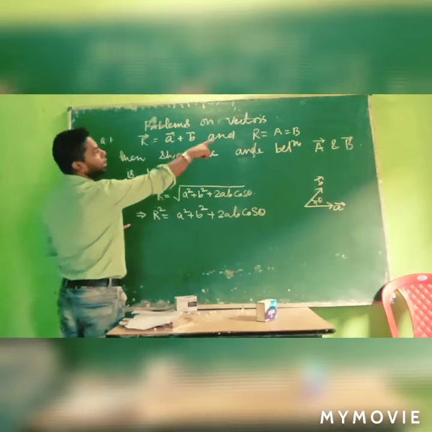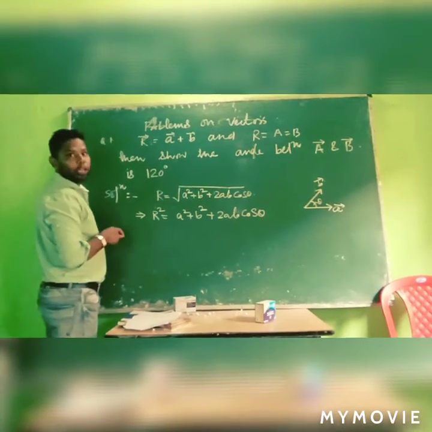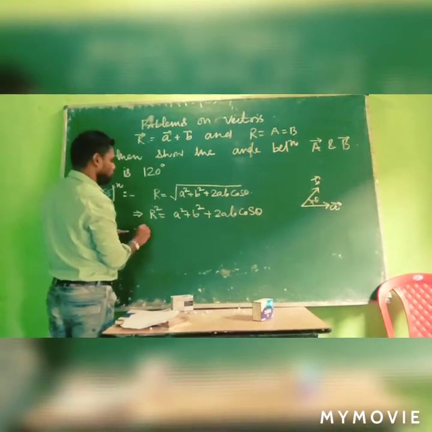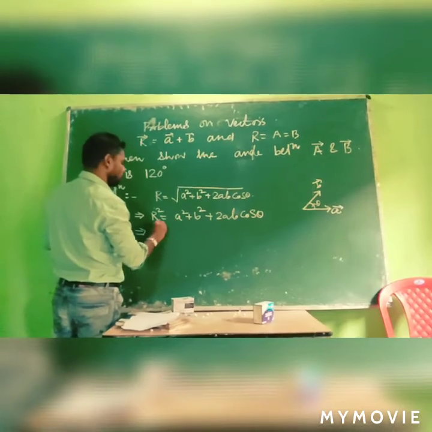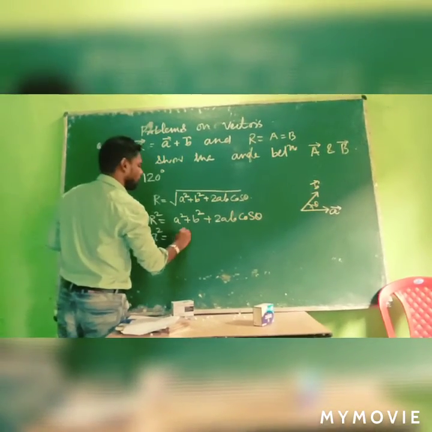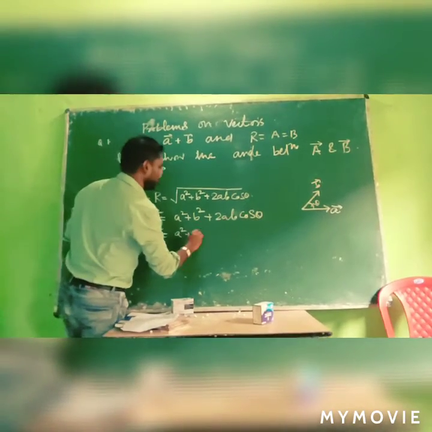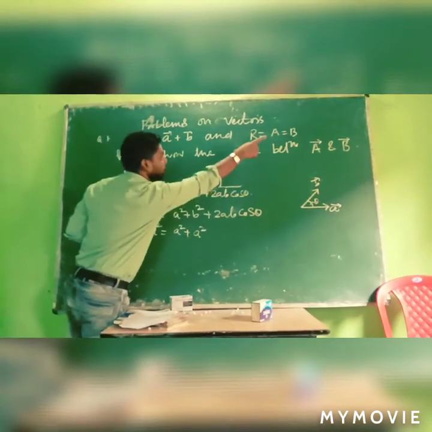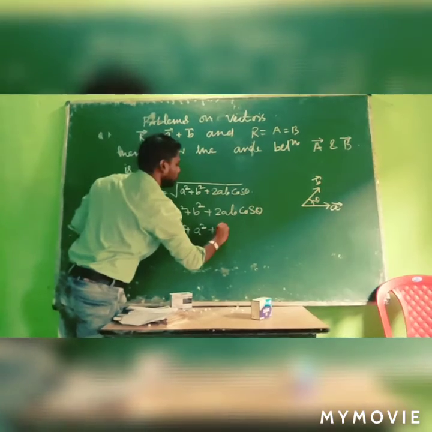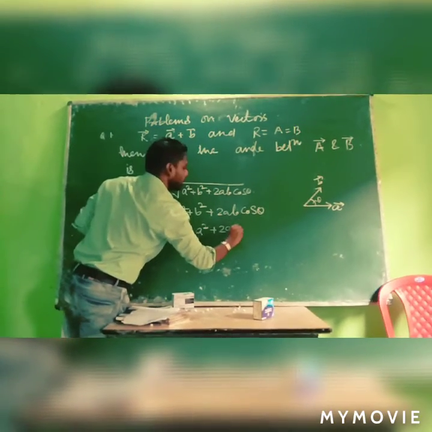Since we have been given another condition, r equal to a equal to b, we can put the value of r as a, and the value of b as a.